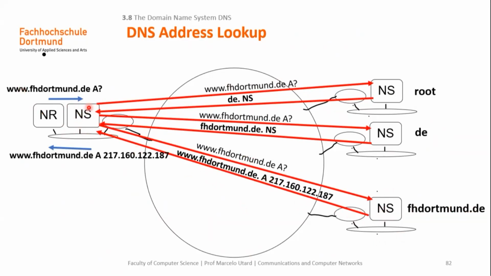Once the local name server gets this information, it will store this information in its local cache and answer the recursive query to the resolver, sending the information requested. That is the record A associated with this fully qualified domain name.